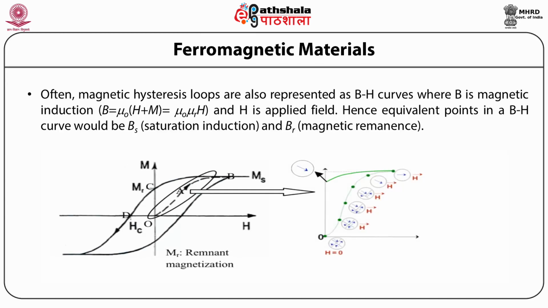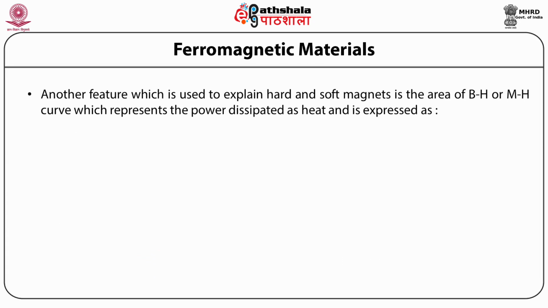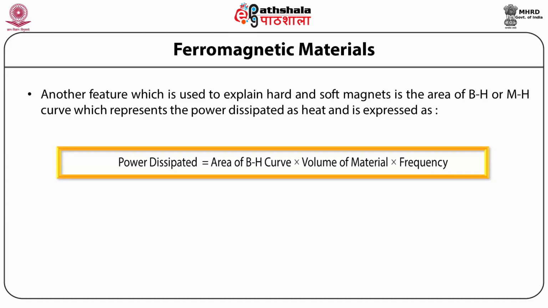As evident from the figure, this circled part has been zoomed, which gives us the variation from point O to B through A. Another feature which is used to explain hard and soft magnets is the area of the BH or MH curve, which represents the power dissipated as heat, and it can be expressed as power dissipated equals the area of the BH curve multiplied by the volume of the material multiplied by the frequency.